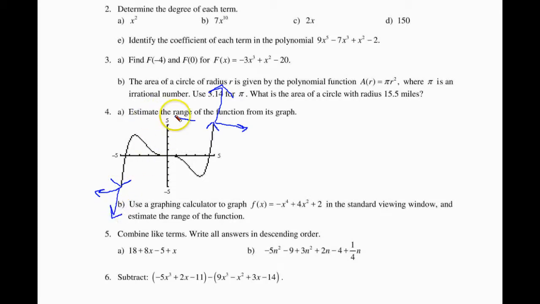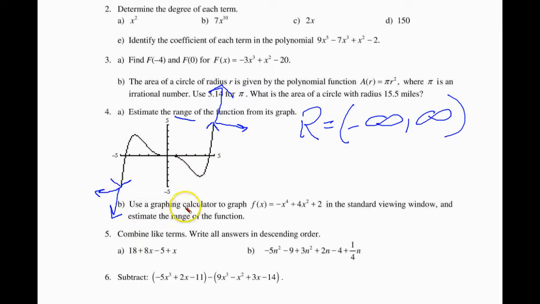So estimate the range of the function. It will be from this direction down here, negative infinity, and it goes up to positive infinity. And by the way, that would be the same for the domain as well.